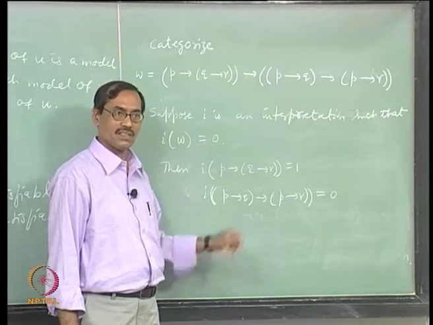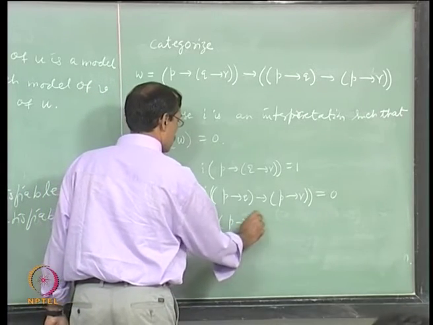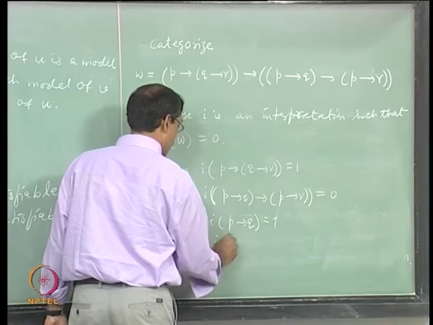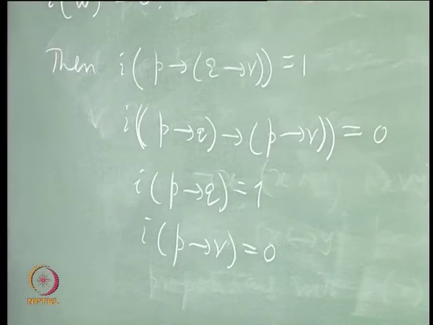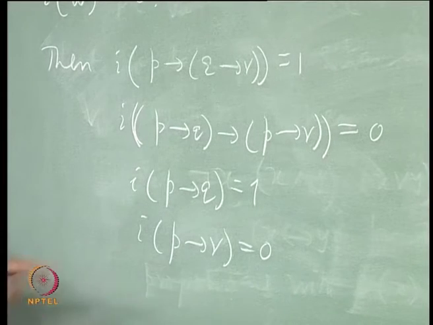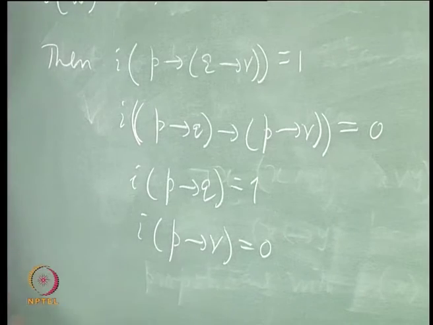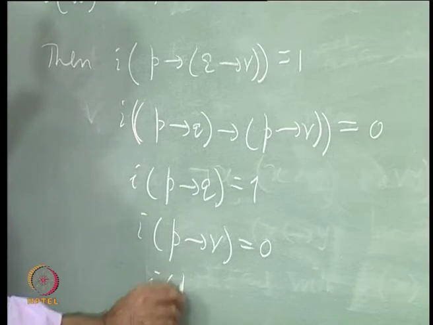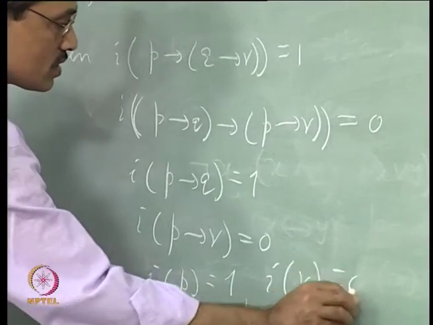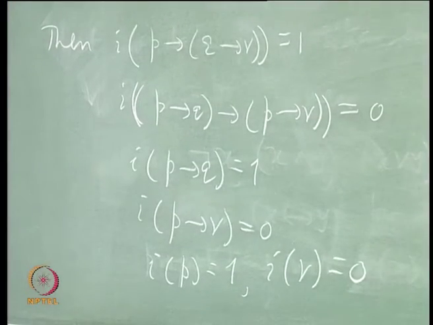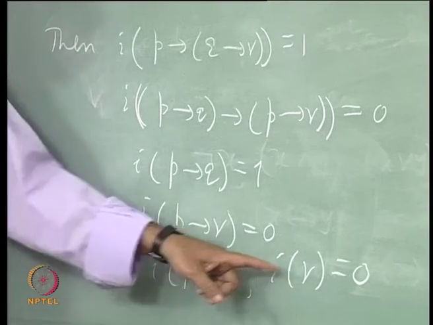So, this says I of P implies Q should be 1 and I of P implies R should be 0. Again I take up this case, which is only one case and gives I of P is 1, I of R is 0. So now I get P is 1, R is 0.